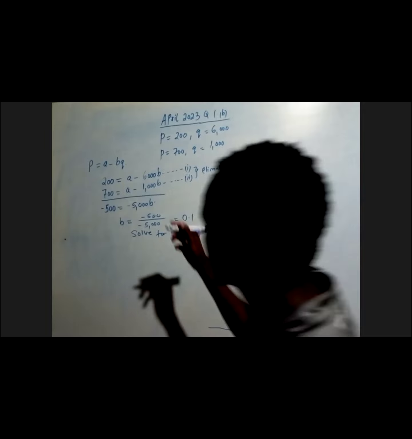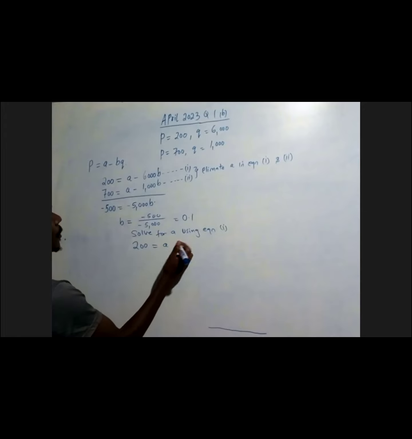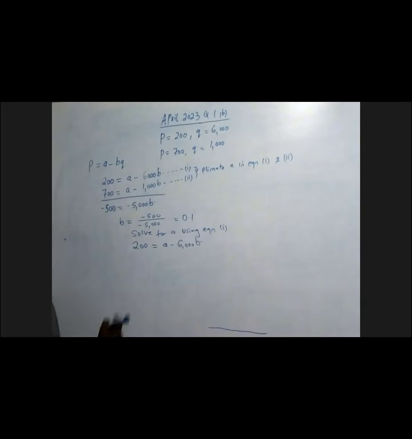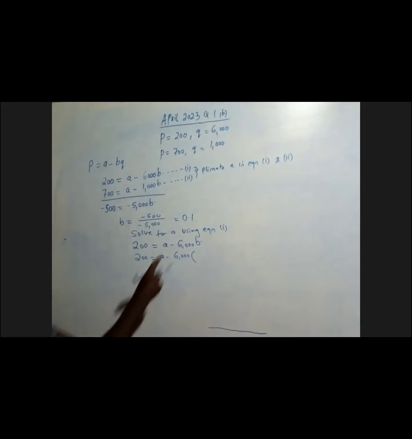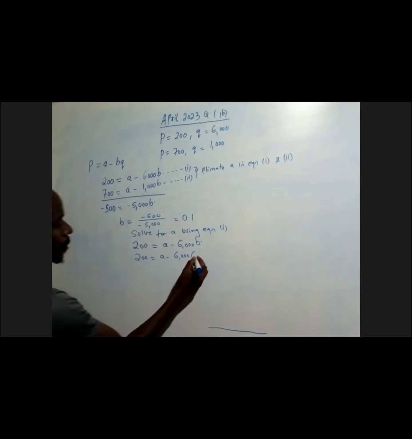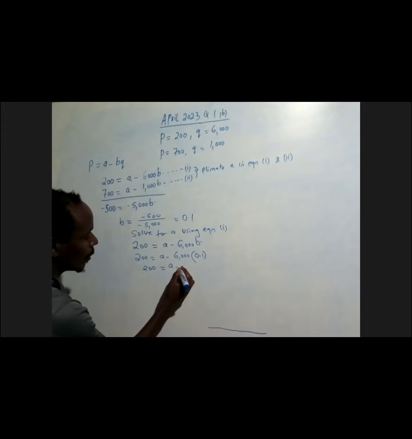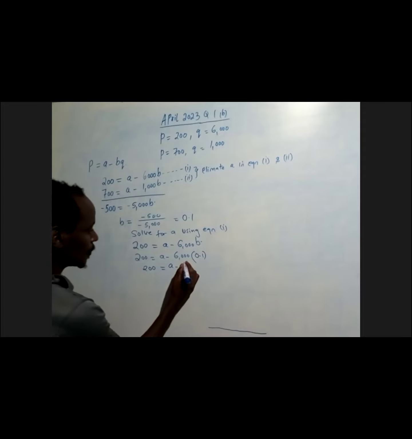Now our equation 1 is 200 equals A minus 6,000 B. We have our B, which is 0.1. So 200 equals A minus 6,000 times 0.1, which is 600.